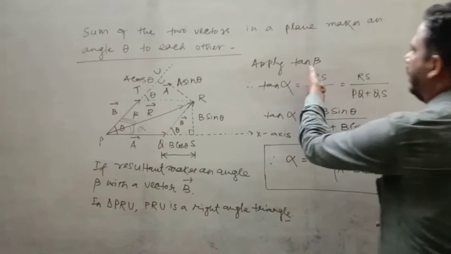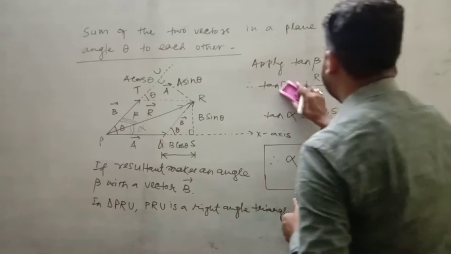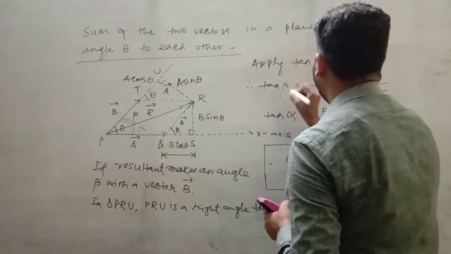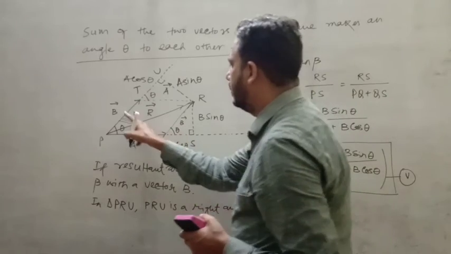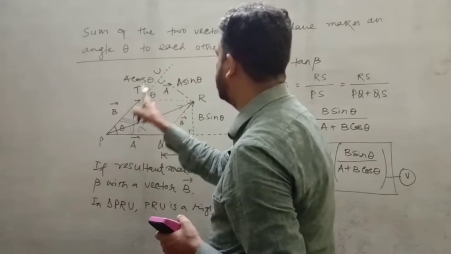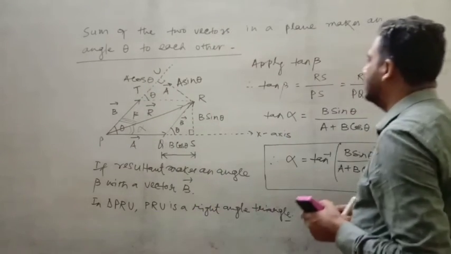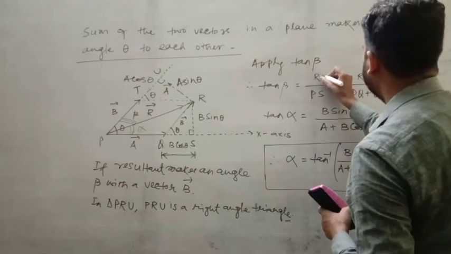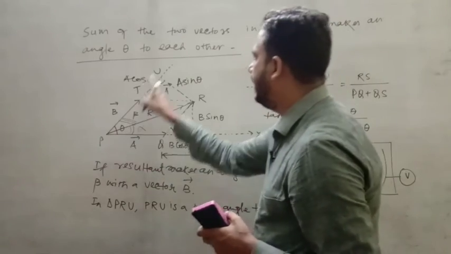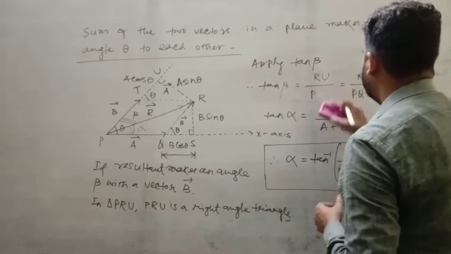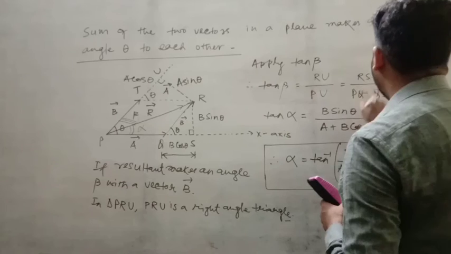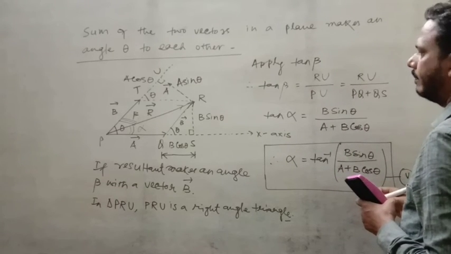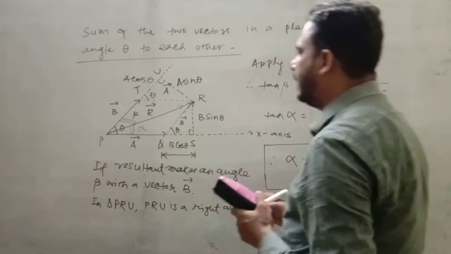So tan beta is what? This one is perpendicular by base, so your perpendicular is RU and base is PU. There is no change in RU, but there is change in PU.